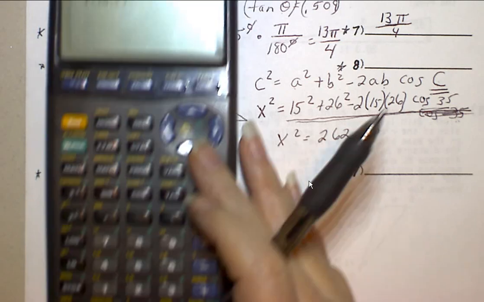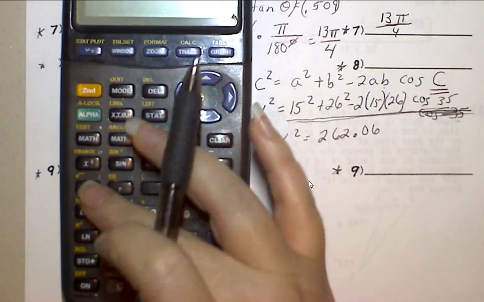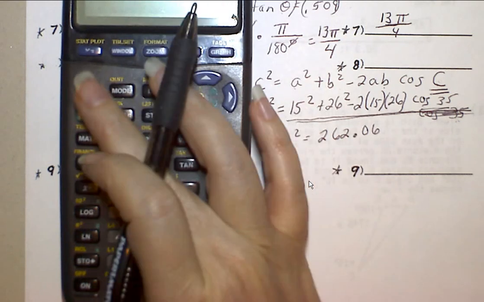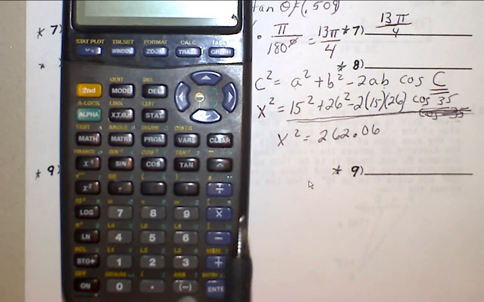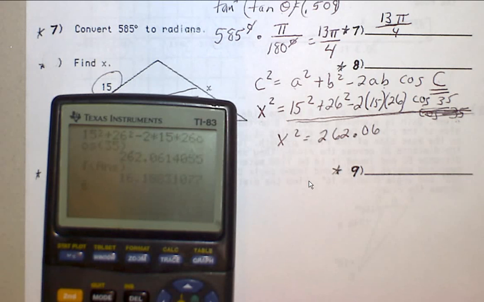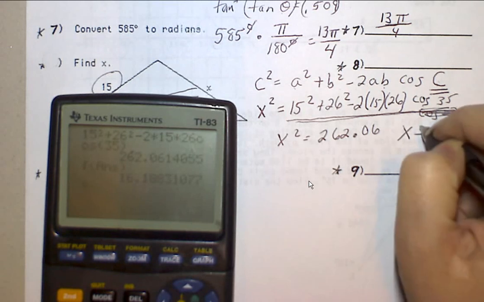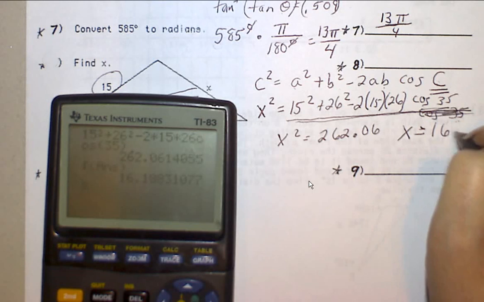Remember, to take the square root, I pressed second, then the square root key, and then I get my answer. So x is equal to 16.2.